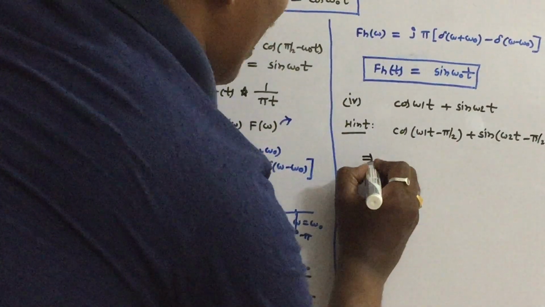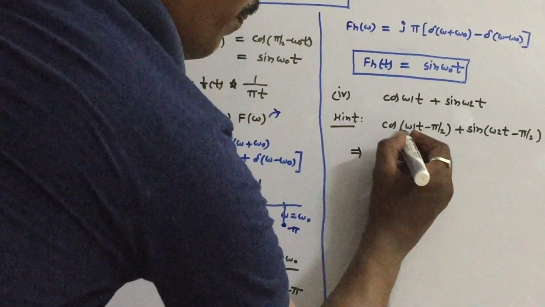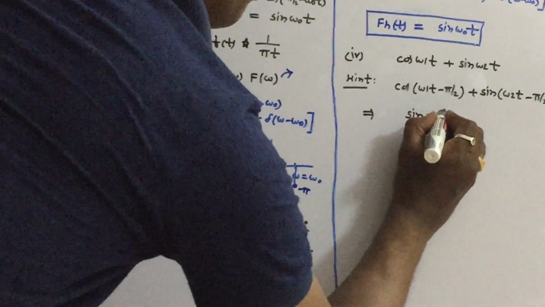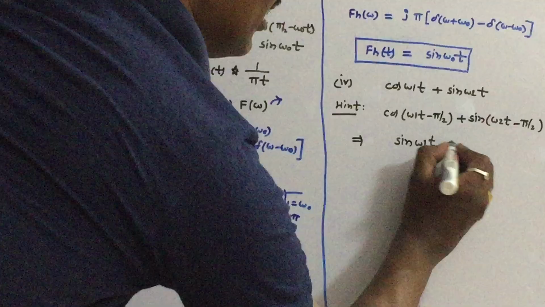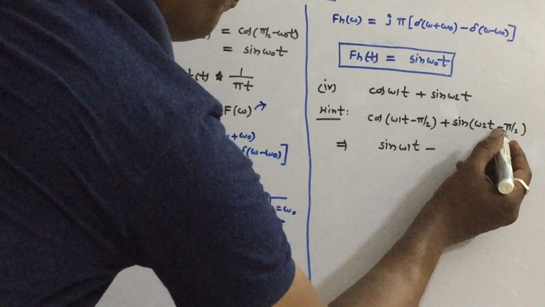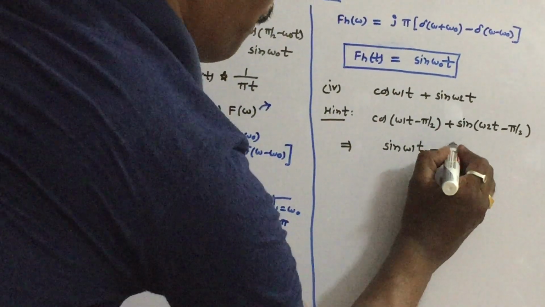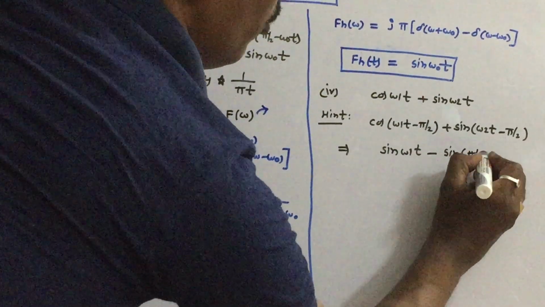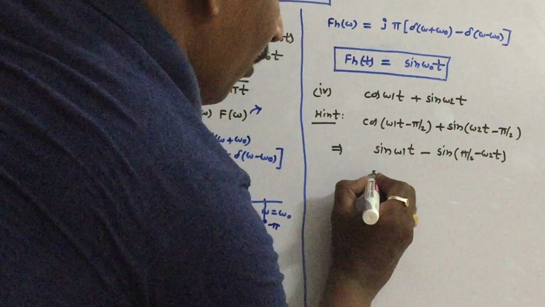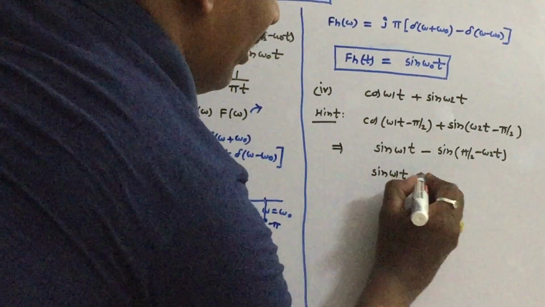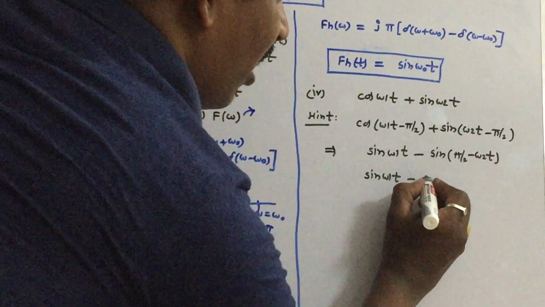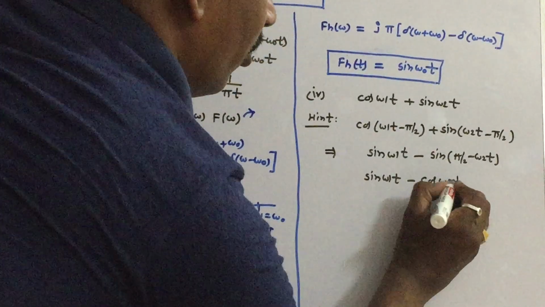This can be written as cos of pi by 2 minus omega 1 t, which is nothing but sin omega 1 t. Then minus sin of pi by 2 minus omega 2 t; taking minus as common, sin of 90 minus theta is cos omega 2 t.